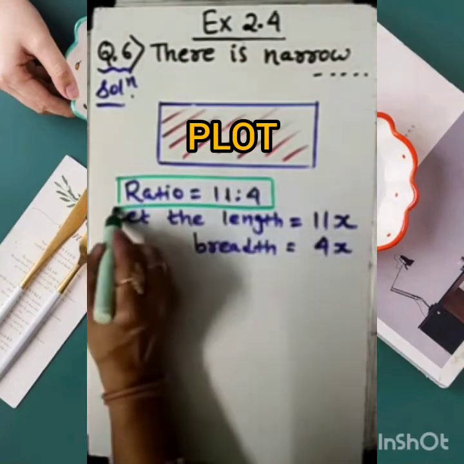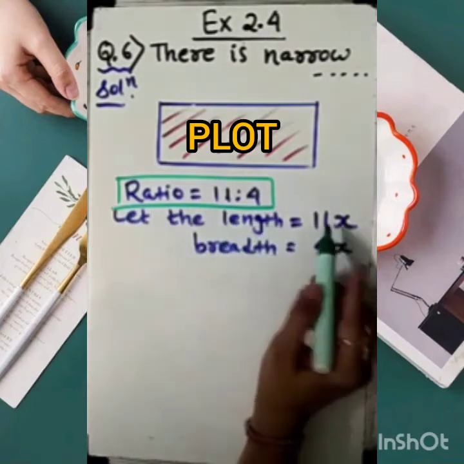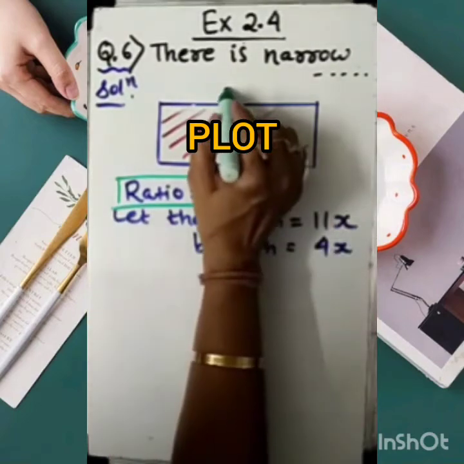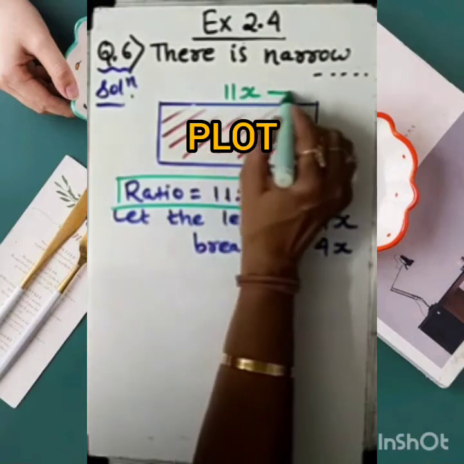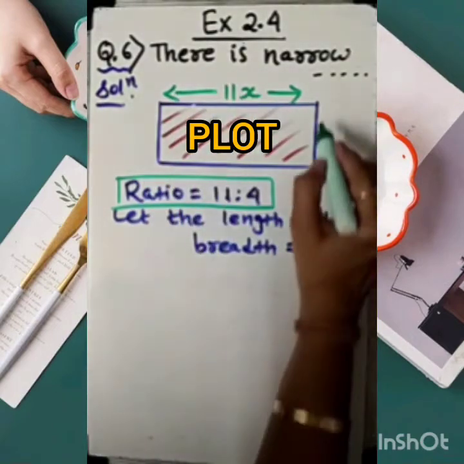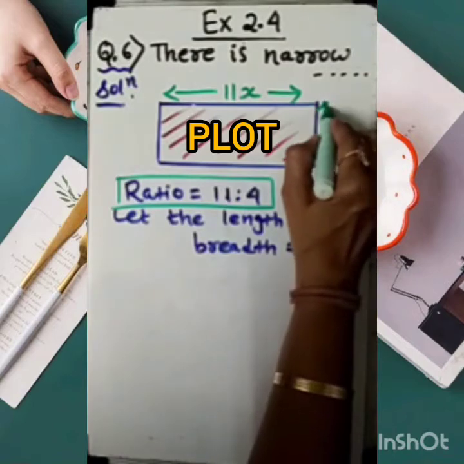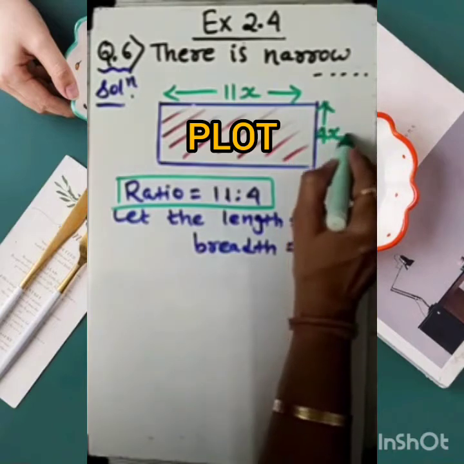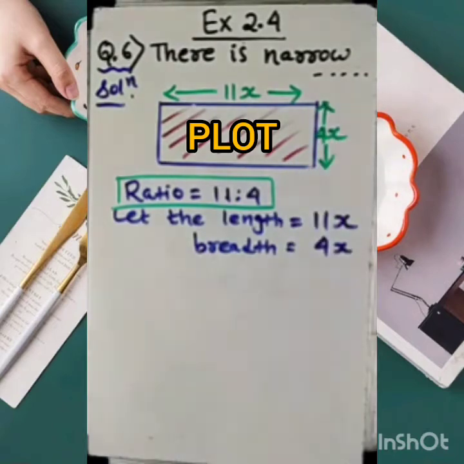So the length of the plot we are considering is 11x. This is the plot you can see on your screen, and this is the breadth of the plot, that is 4x. I am mentioning it here. This is the picture of the plot, to roughly give you an idea.